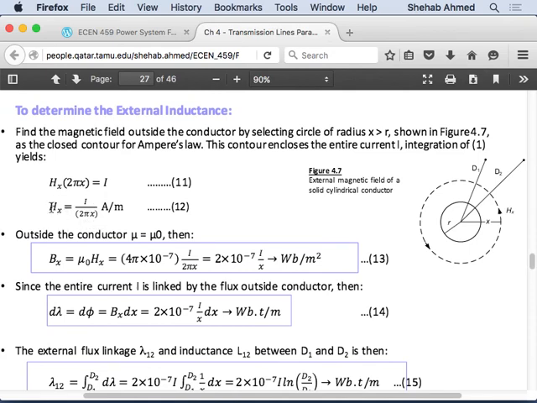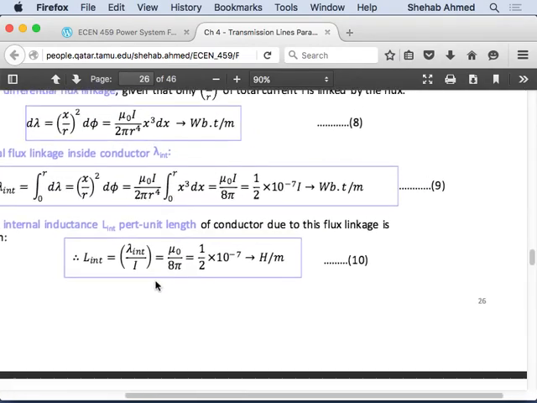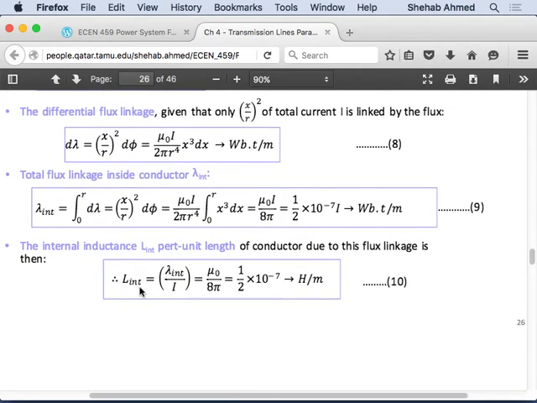So the magnetic field intensity will decrease as x increases. I would like to now calculate the inductance due to the magnetic field outside the conductor. We calculated the inductance due to the magnetic field inside the conductor. Now we need to look at the magnetic field outside the conductor. The total inductance will be the sum of the two of them, right?